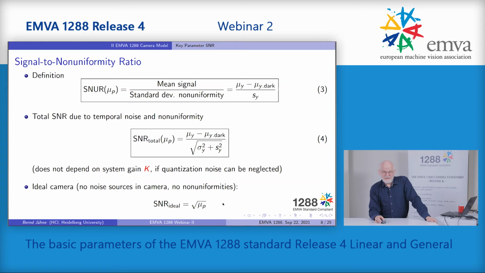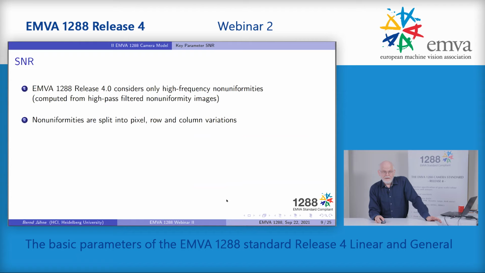So we still have to be very careful with one thing because we are not used to it. Normally we think almost always about linear systems. So let me say a few additional words. The first thing about these general things is that the EMVA 1288 standard release 4.0 has a change compared to 3.1, that it considers now only high frequency non-uniformities.